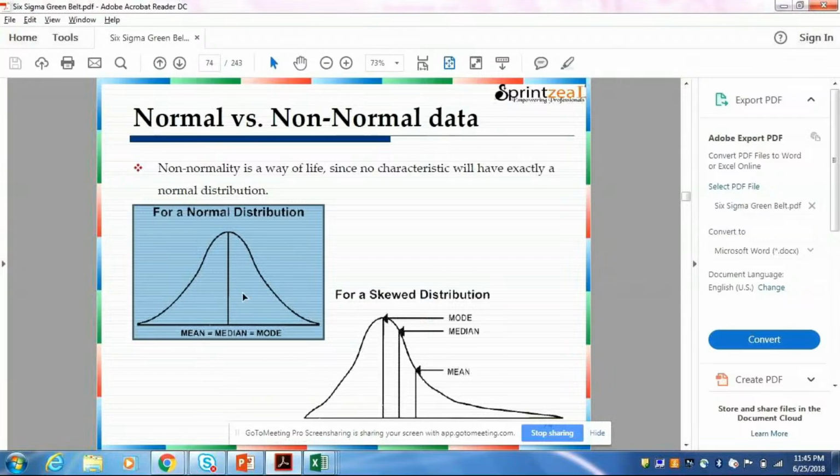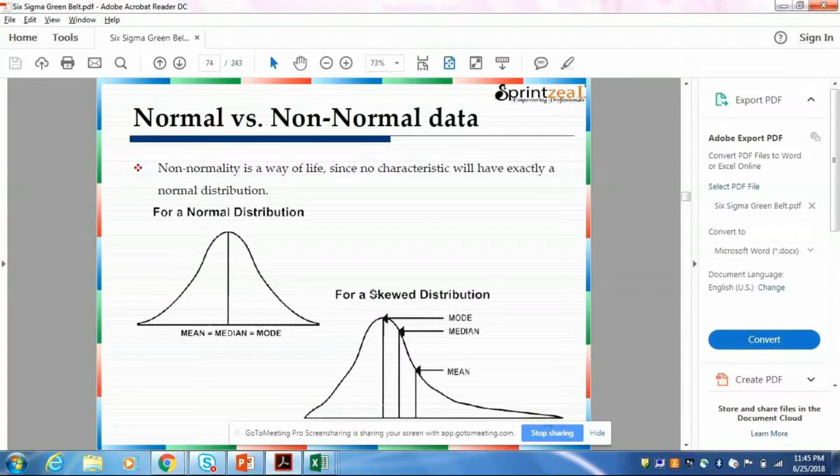Both halves are mirror images. The height of the bell curve is highest at the mean. These two lines that you see here, although they look like they are touching the x-axis, will never touch the x-axis. At some point of time, they will become parallel.